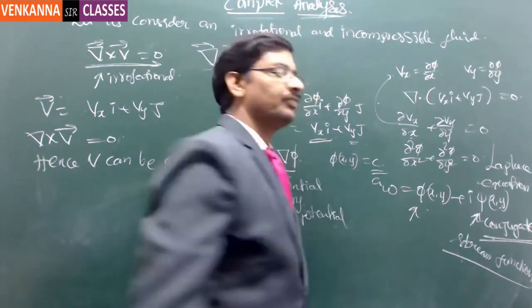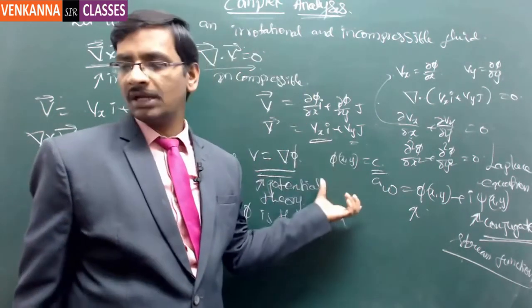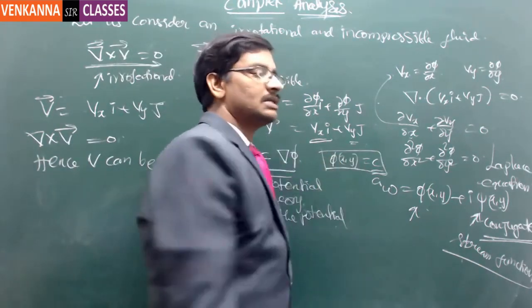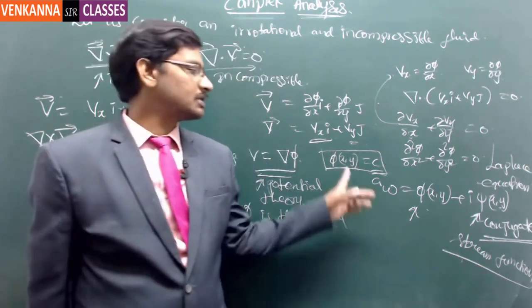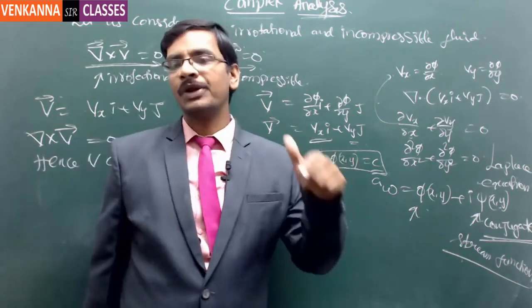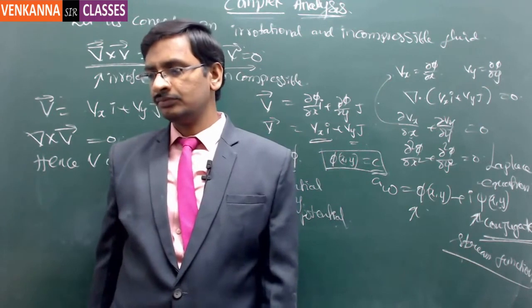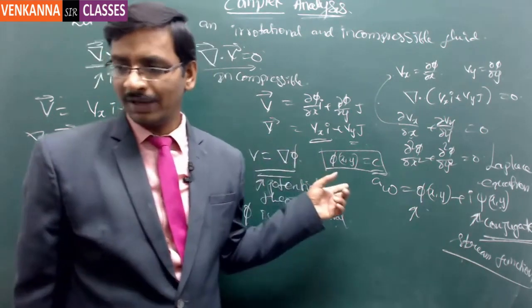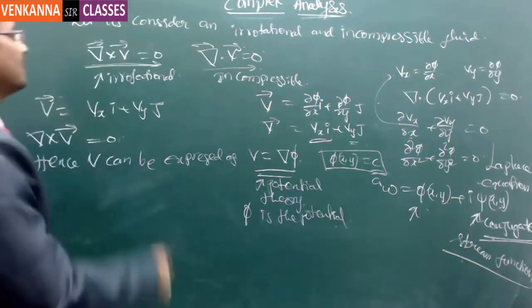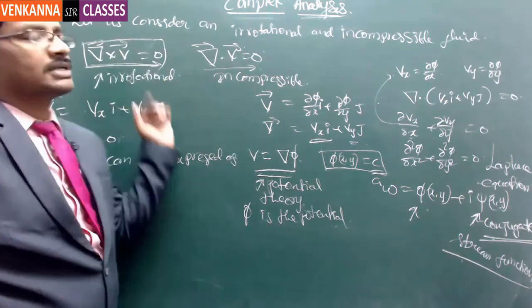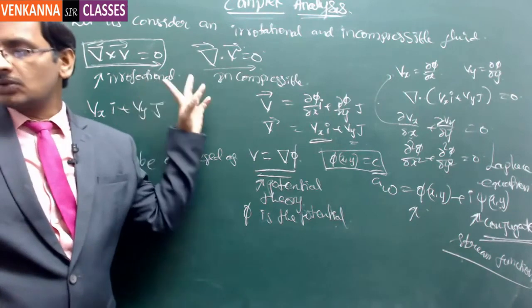Got it? So all these lines together, you can generally assume that phi of x comma y is equal to constant, and phi of x comma y is equal to constant is nothing but an equipotential plane. Got it or not? So if there is an equipotential plane, then from the basic result of vector calculus, for an irrotational flow, del cross V is equal to 0.